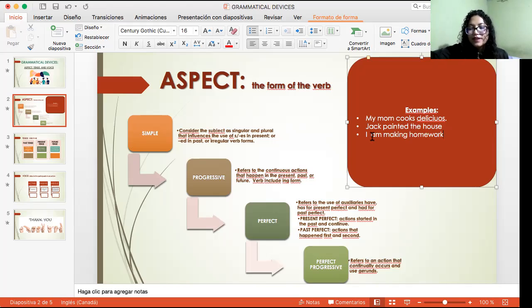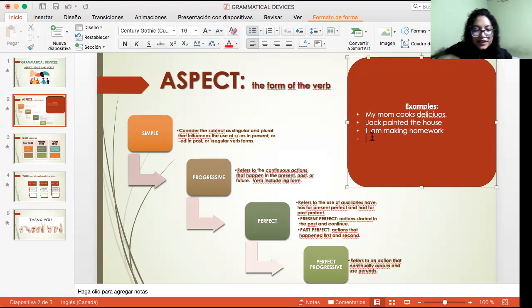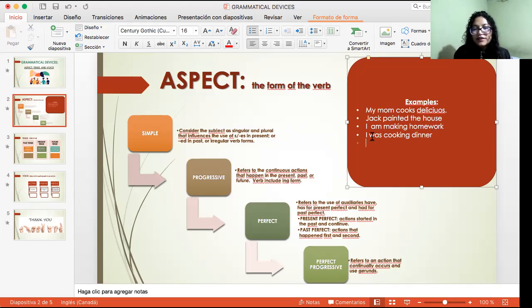Another example referring to the past: I was cooking dinner, for example. Pay attention that in the verb we are adding the ing form.